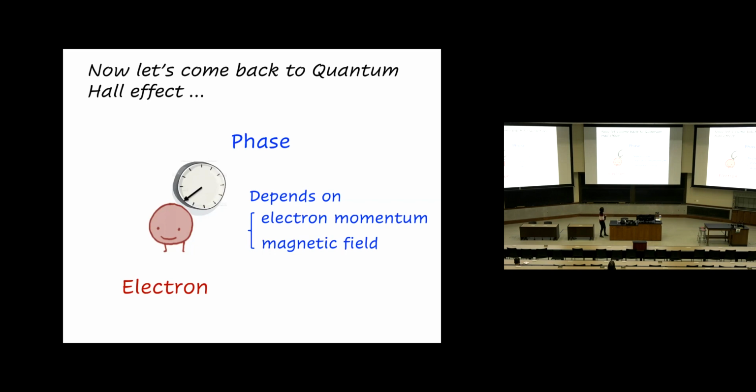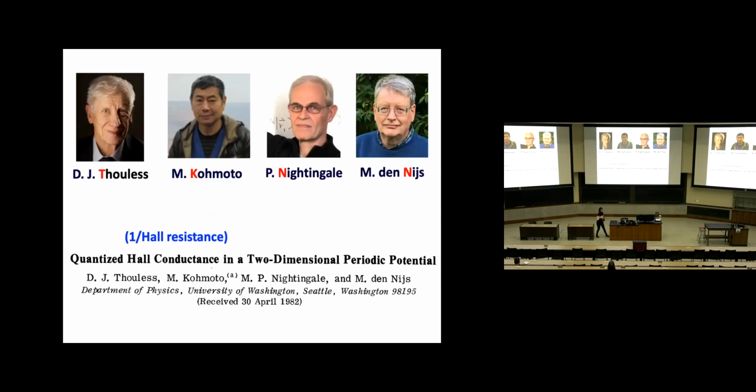And using this electron's clock, one can explain what happens in the quantum Hall effect. Why is the Hall resistance quantized, an integer multiple of something? And why is it universal? The physicists who did this explanation are these four gentlemen.